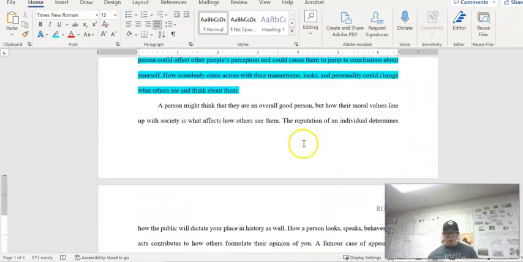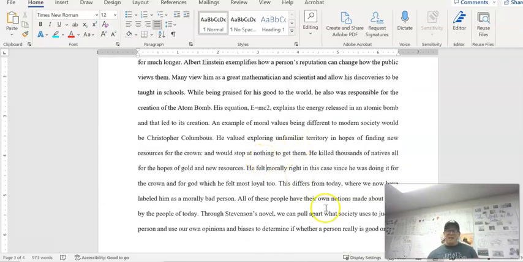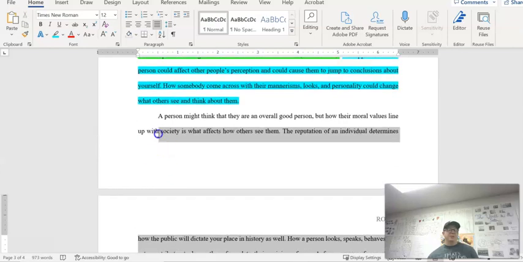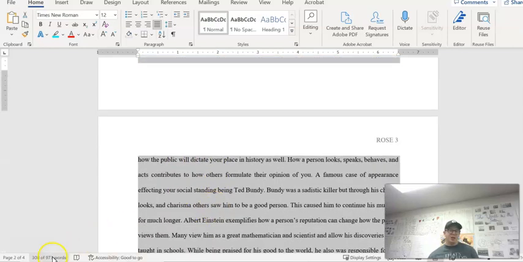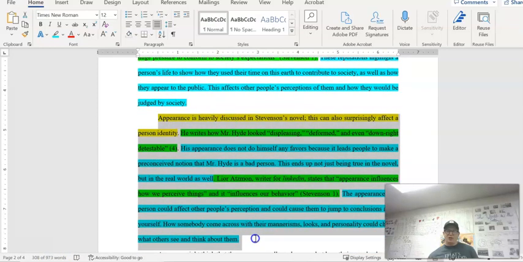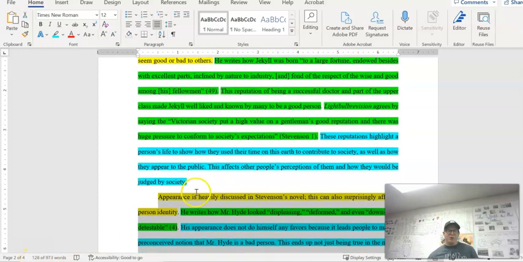Real fast. Your conclusion should not be the longest paragraph. I'm not saying this is a bad conclusion, but this conclusion is a third of your actual paper, 308 of 973 words. When your body paragraph actually talking about your book is half that, 128.